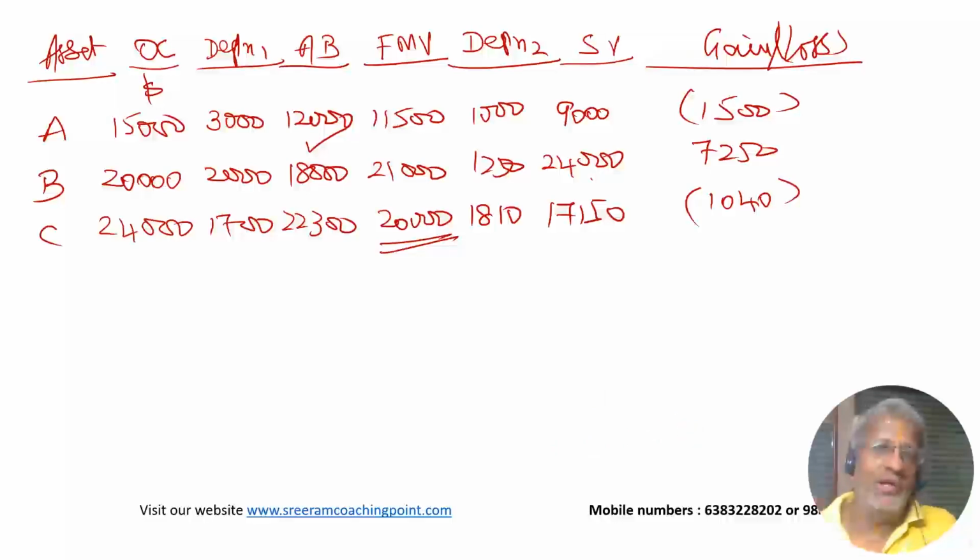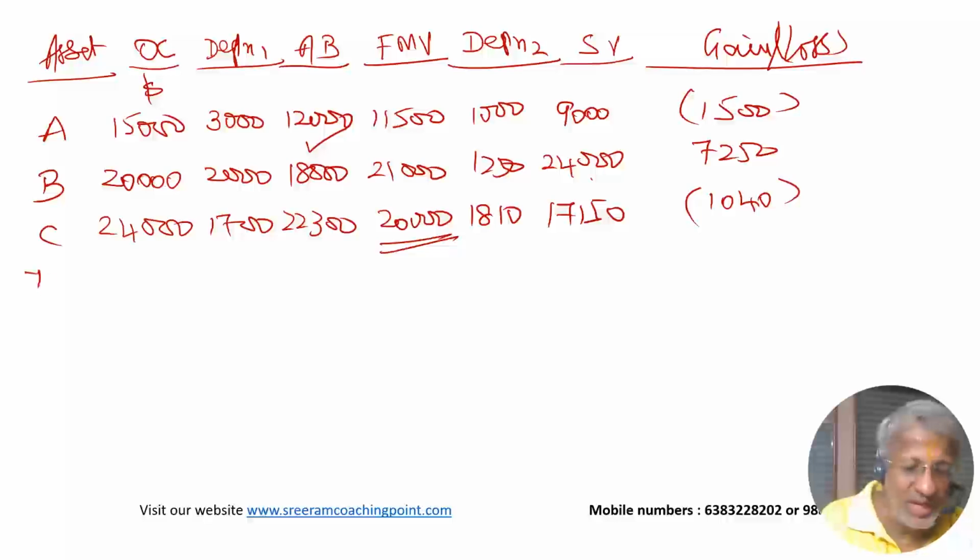So they will not do any activity to reduce the gain, whereas they will try to reduce the loss. When there is a loss, whether it is 3,340 or 1,040, what is the great deal, people might ask. Please understand that when a loss is allowed, it has to be adjusted against future gain, and thereby the revenue for the governments will get affected. So the logic is a very simple logic only.